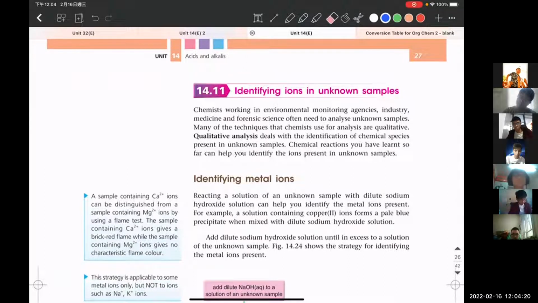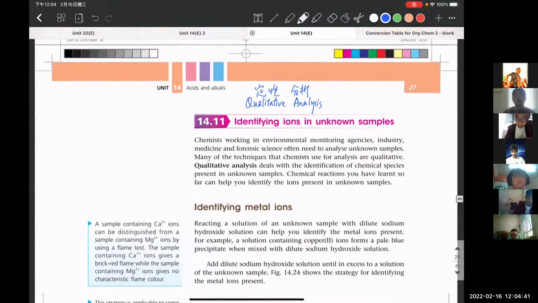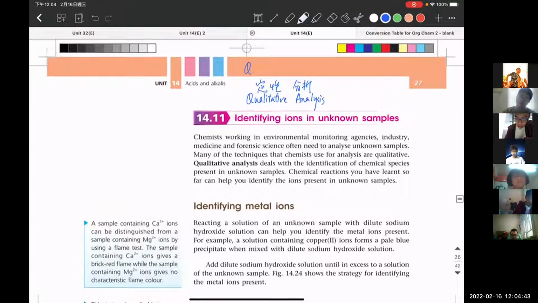All of you, please mark it down. Qualitative analysis. So in chemistry, we love to ask for qualitative analysis and quantitative analysis.